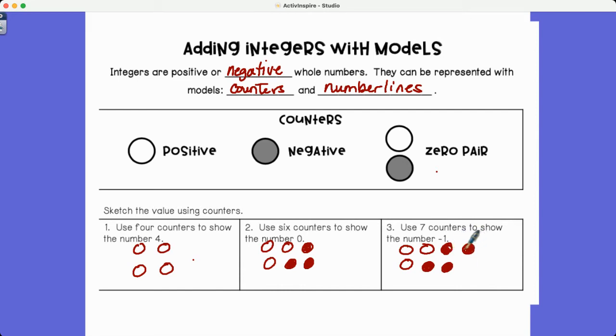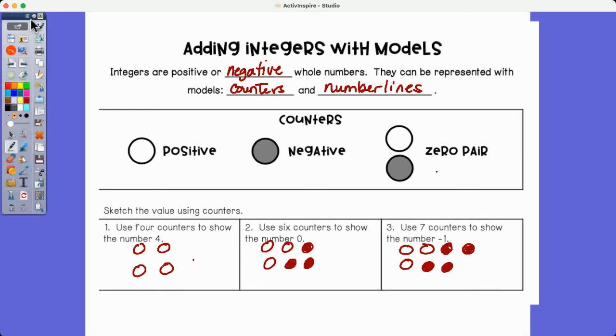And I have one extra negative counter, so I have negative 1. Using this, this matches to this one, this matches to this one, this matches to this one, so it's equal to 0. Same thing here, matchy matchy, and then I'm left with negative 1. So that's how 0 pairs work.